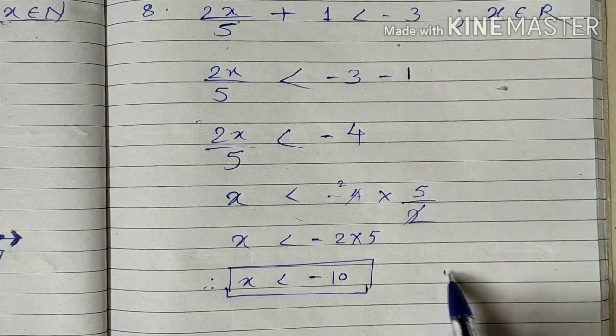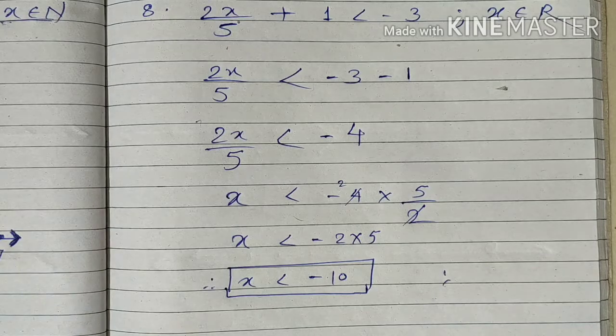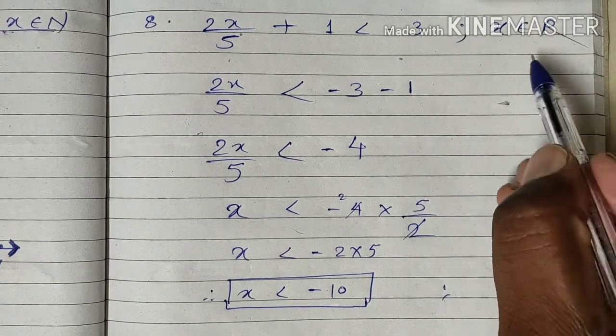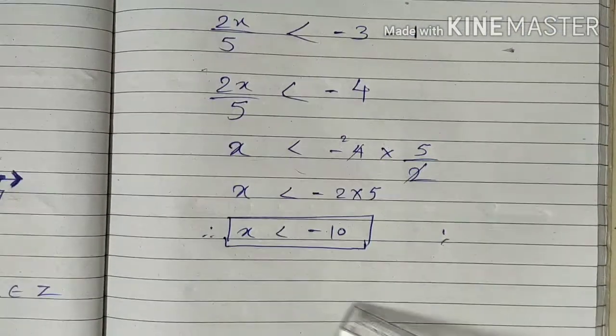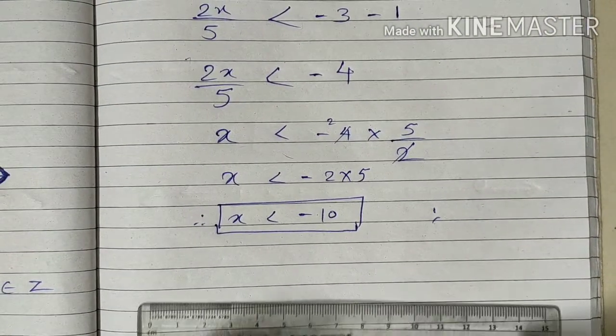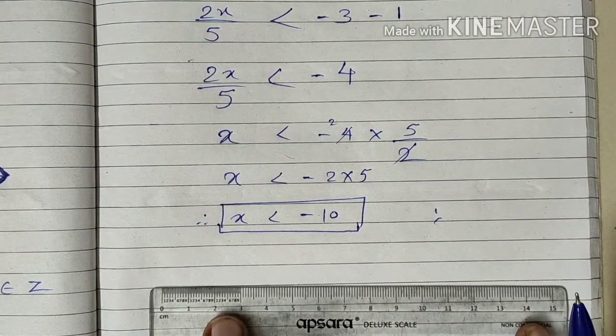Now our x belongs to the real numbers. x is what? A real number. That means we have to darken the line as well because everything is present in the real numbers. So let us draw the number line.